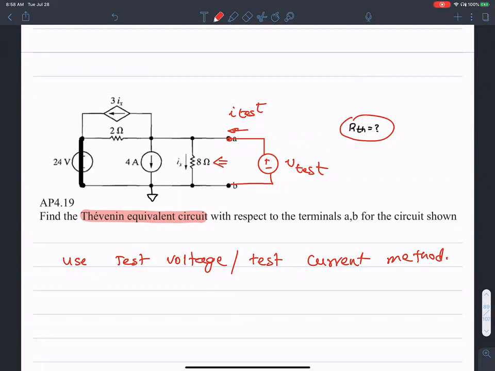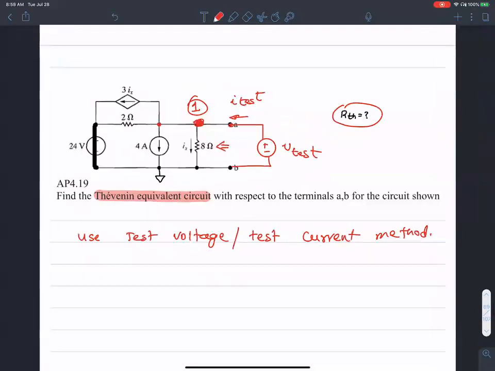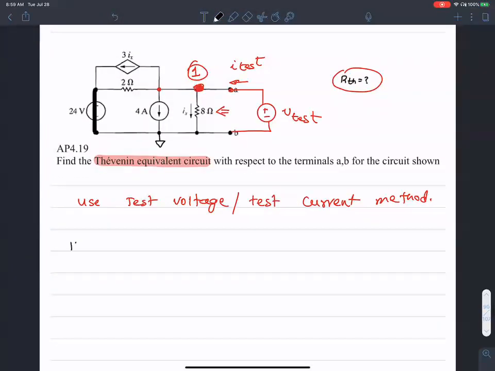I'm going to still call this node, which is the same as this node, node 1. So at node 1, when we apply the test voltage, the natural step is to apply KCL at node 1. We notice that there are 1, 2, 3, 4, 5 currents.